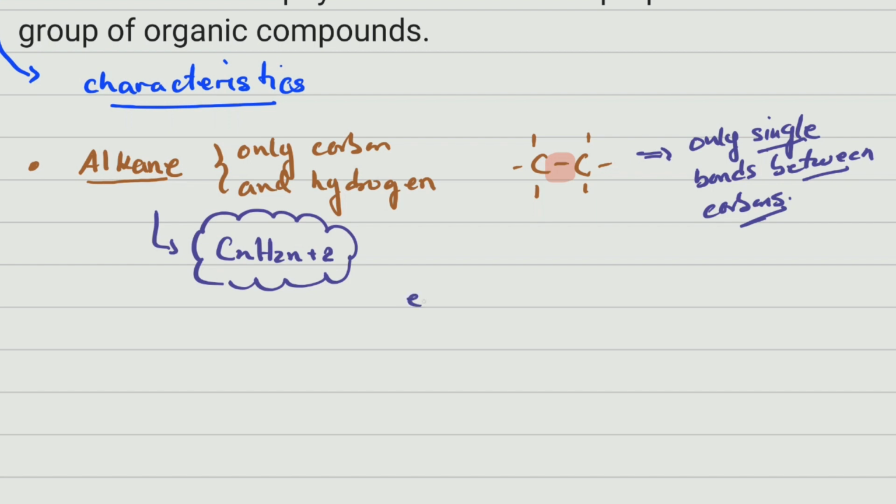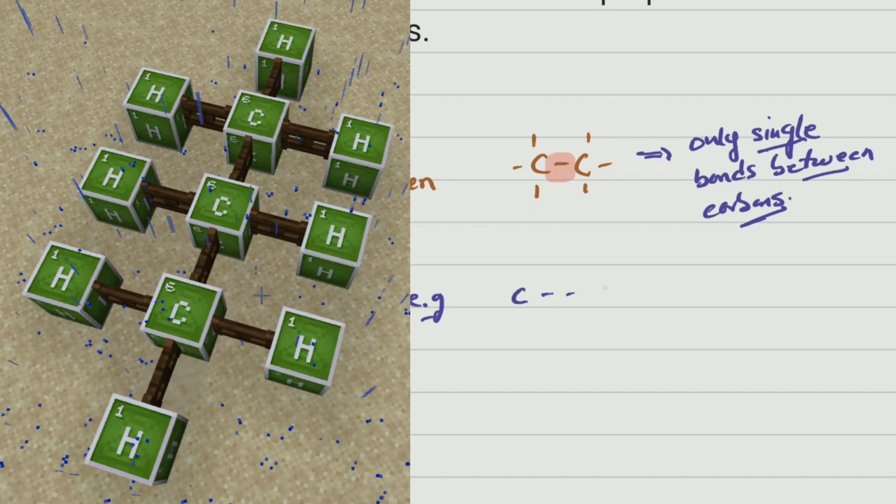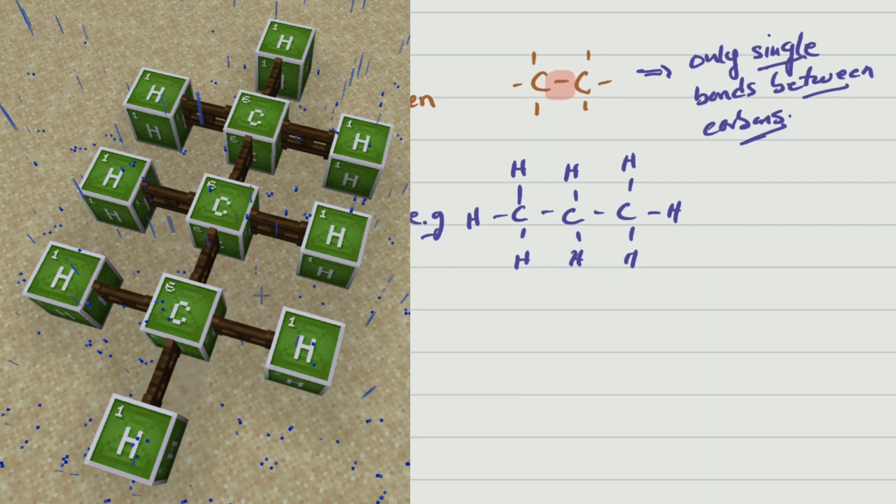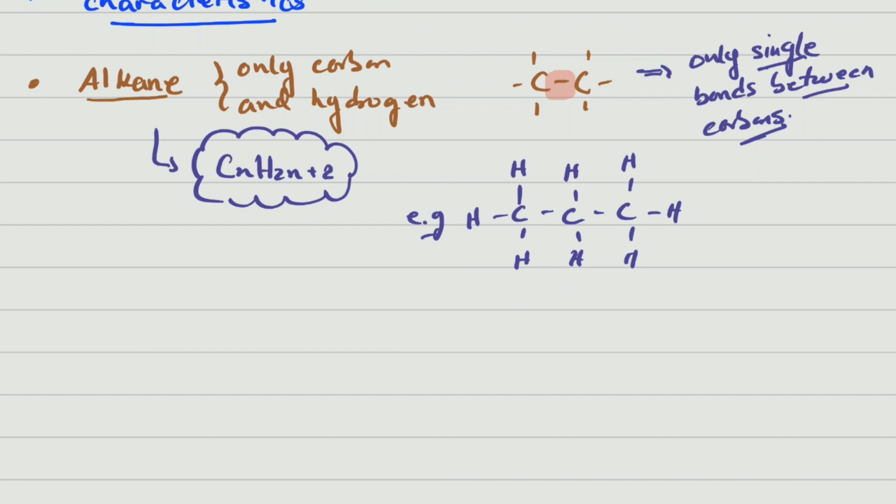Let's use one simple example of an alkane, for example propane. Later on you will learn about naming. This one here is propane. You can see that all the bonding between carbons is single bonding, and that it only has carbon and hydrogen. So this is the first homologous series, and these are the most important things about it, which we are going to follow for each of them.